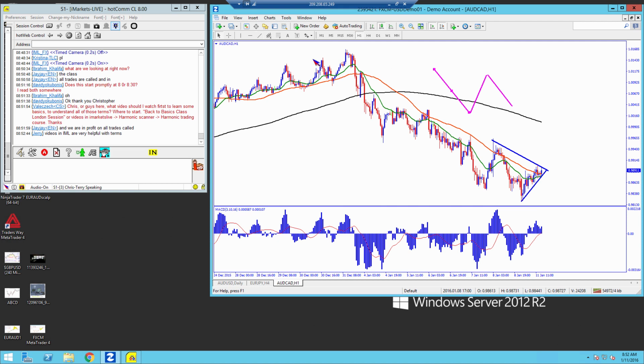Then you got this. So when you look at a triangle, you want to make sure you have multiple data points. You want to have at least two data points on each side.